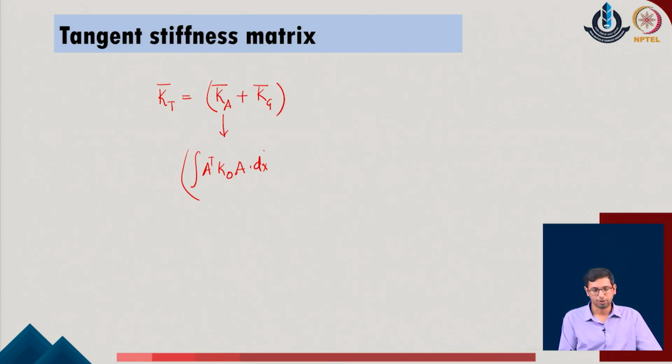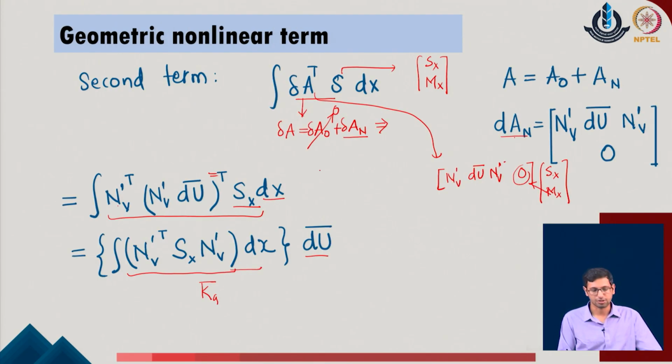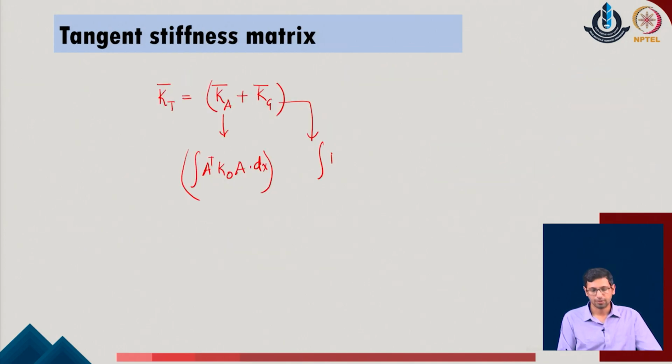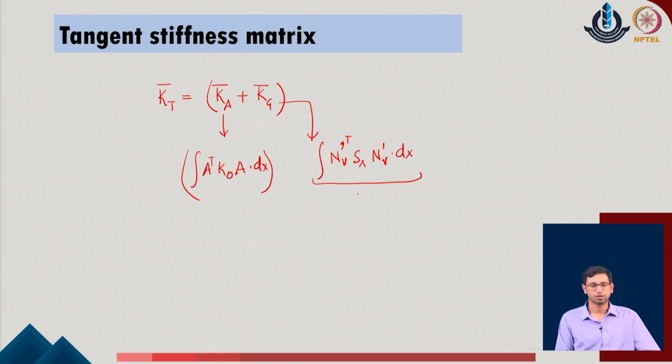So, this is the first parameter of the k of a, whereas k of g is defined over here, which is identified as nv transpose the s of x, which is the axial force in the system, and this is not the transpose of the given system, but it is the derivative with respect to the function of x as well, and this is integrated over the total domain. So, with these two values we can now evaluate the overall tangent stiffness matrix for the given system.